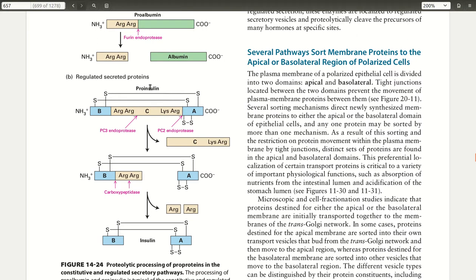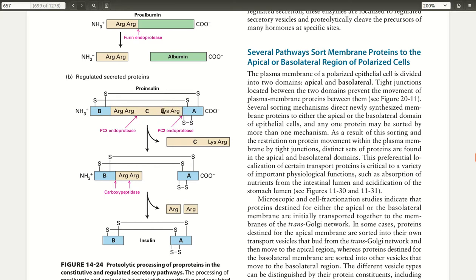And then for insulin, we see that before it becomes insulin, it's proinsulin, and in order to become insulin, it has to be cut by two different proteins here called PC3 and PC2 endoprotease, which will look for this arginine and lysine-arginine sequence.